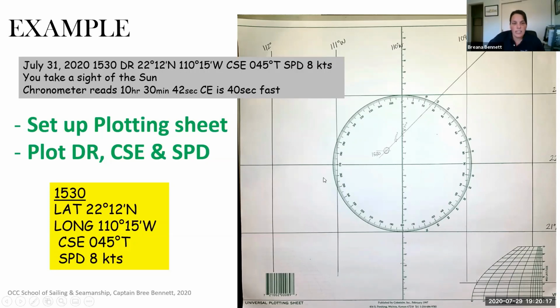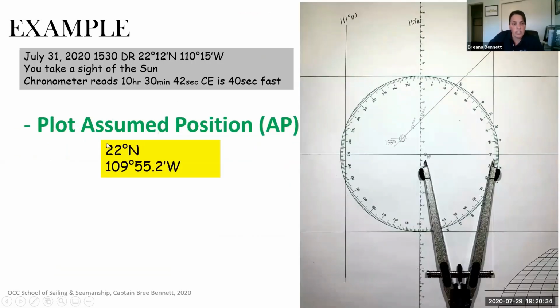But I have plotted my position. They gave me a DR, and they gave me a course and speed, so I can put in DRs. You don't have to, but you can. My first step is to plot my assumed position. So my assumed position was 22 degrees north.